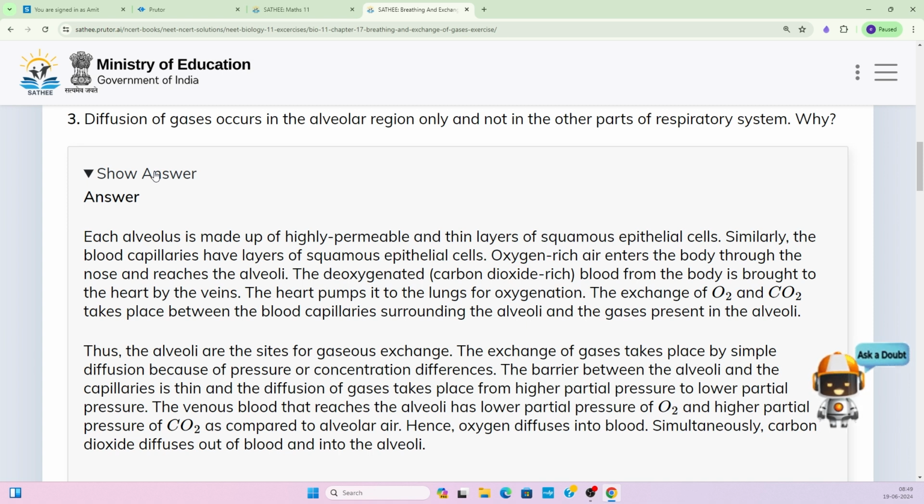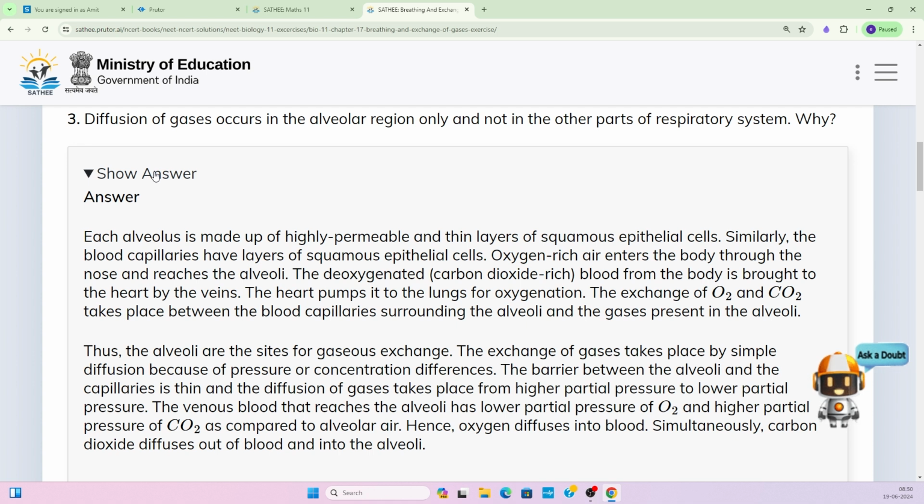The exchange of O2 and CO2 takes place between the blood capillaries surrounding the alveoli and the gases present in the alveoli. So alveoli is a balloon-like structure, and on its outer surface there are blood capillaries running.